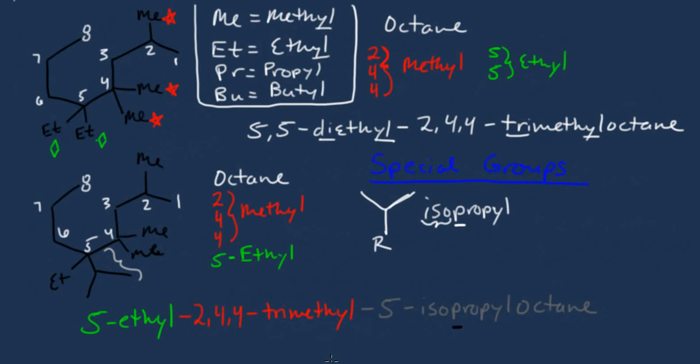So let me go ahead and introduce you guys to a few more of these special groups. Okay, so in the previous slide I already had shown isopropyl, but there are some other groups that would be good for you guys to be aware of.